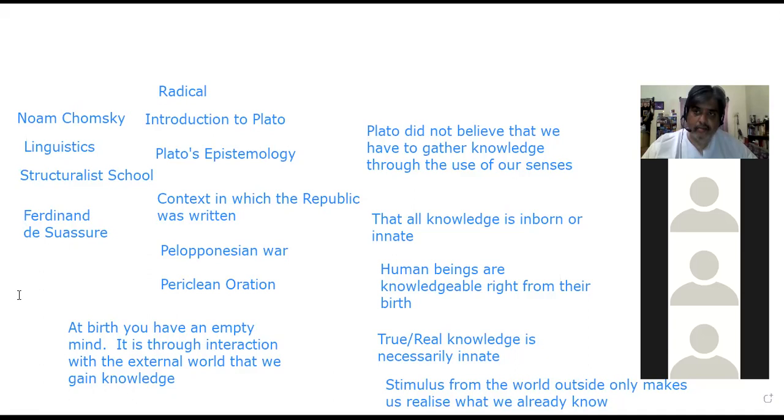So one of the philosophers who used language extensively to understand even political philosophy is this man about whom I'll talk a little later when we do Hobbes. But for the moment, let me tell you this.